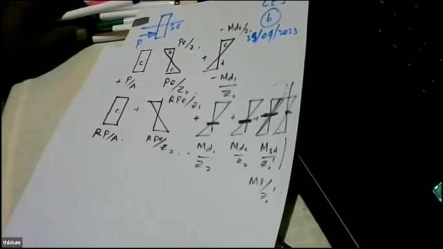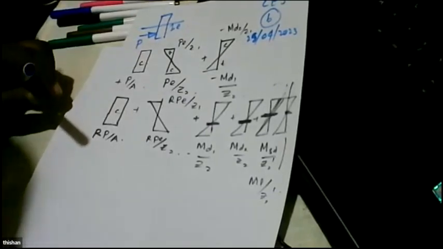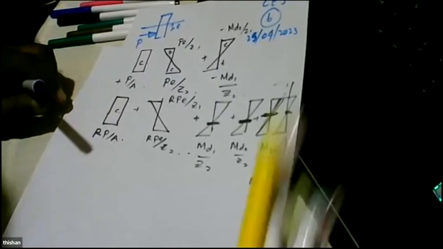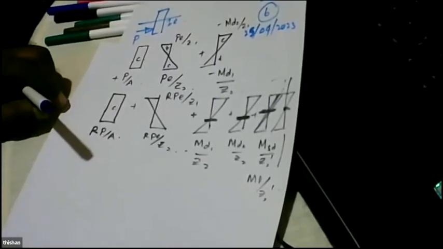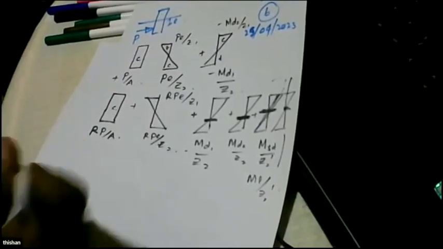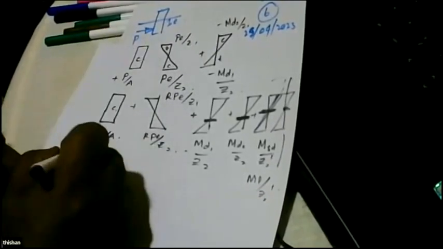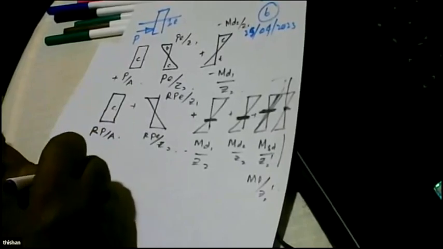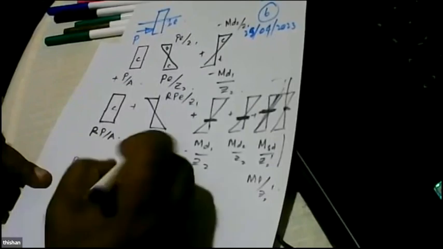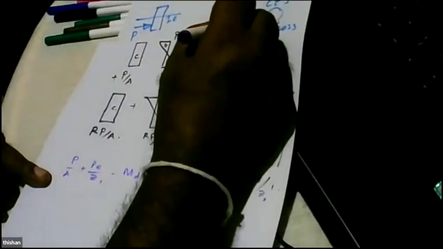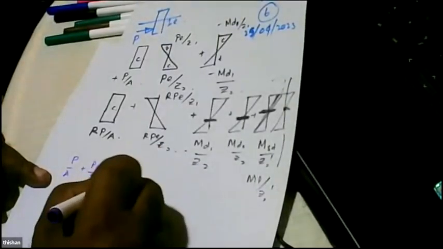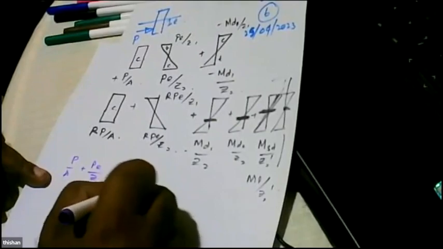So now we can write 4 equations. First equation from this one, P over A plus P over Z1 minus MD1 over Z1.